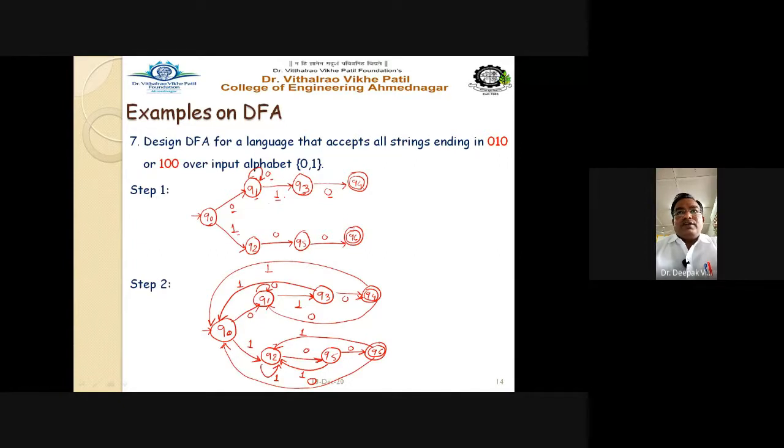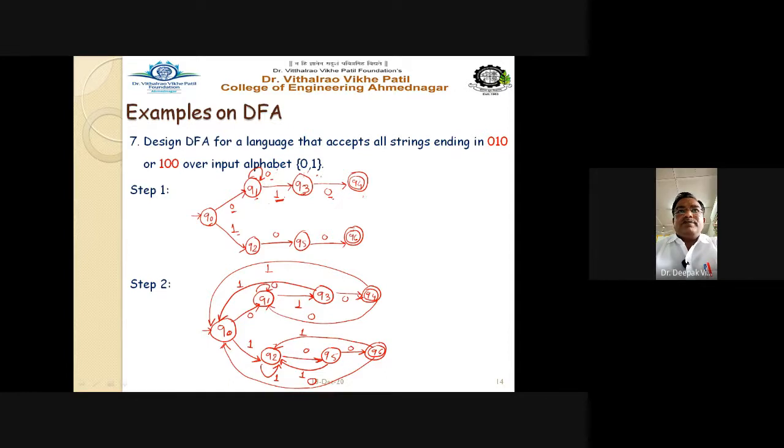Now from 1, I cannot make a self loop on Q3, because then the string becomes 1 1 0, which we don't want. Can I transfer it to Q1?